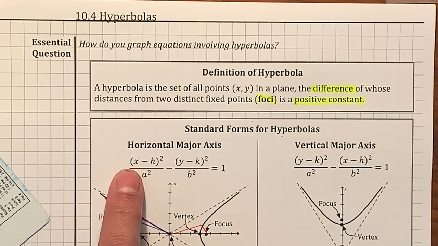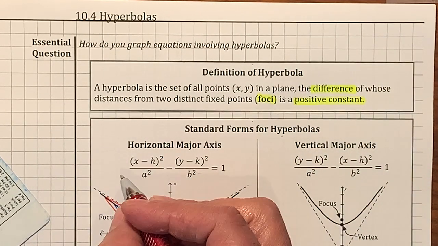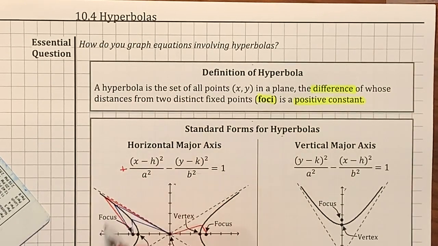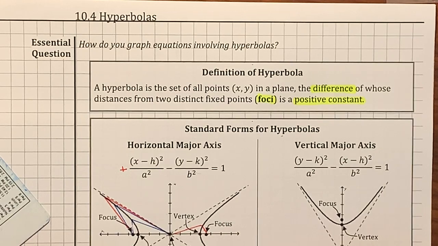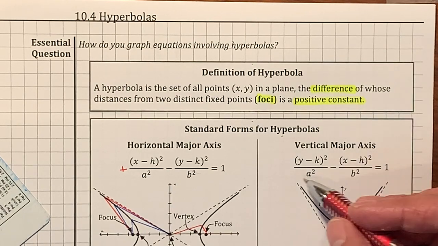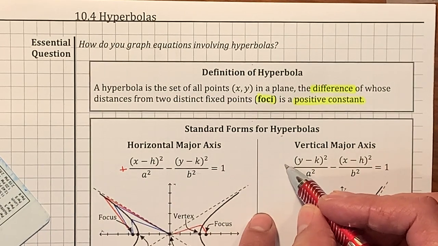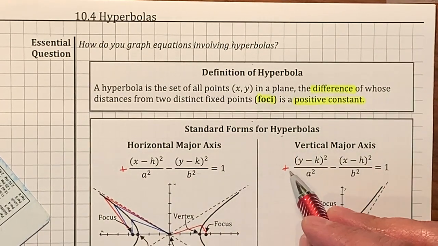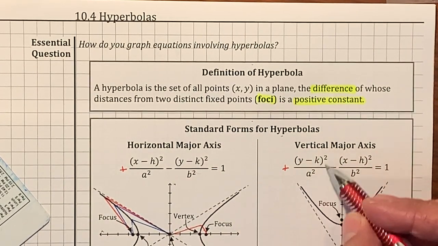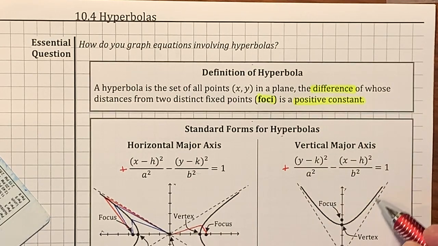So if your x squared is the first one, the positive one, then we know that your hyperbola will be sideways. Your major axis will be horizontal. And a vertical major axis means that your y squared is positive and your x squared is negative. If your y squared is the one that's positive, we usually write it down first. It's going to be up and down. We have a vertical major axis.